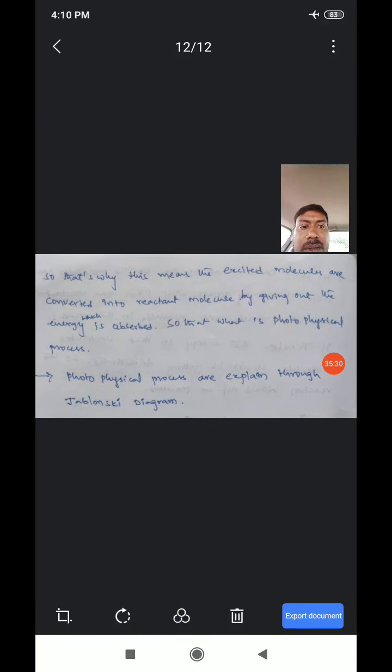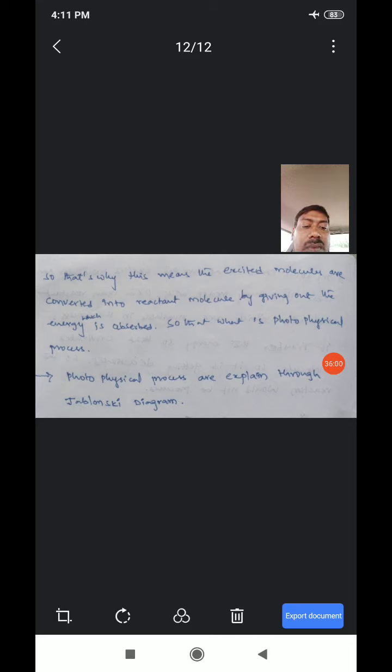This means the excited molecules are converted into reactant molecules by giving out the energy which was absorbed.